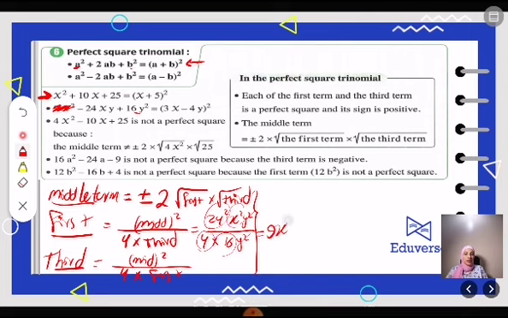And the remainder here is x to the power 2. As you can see, it's 9x to the power 2.